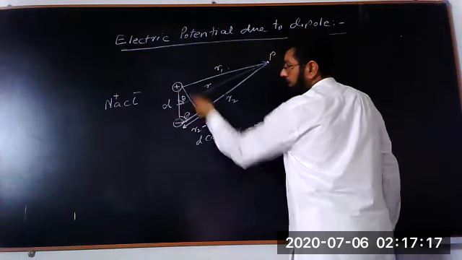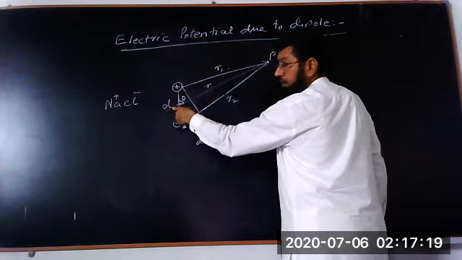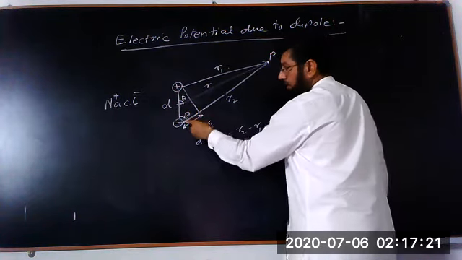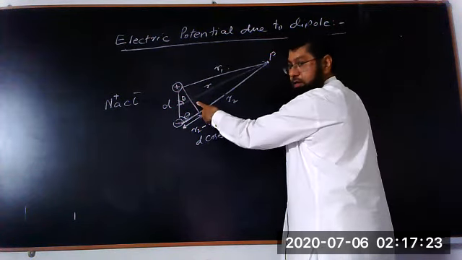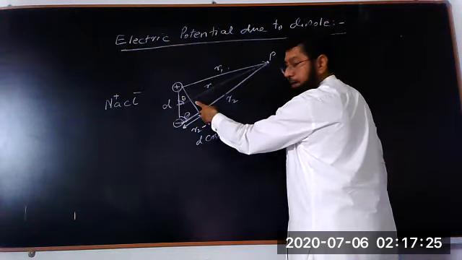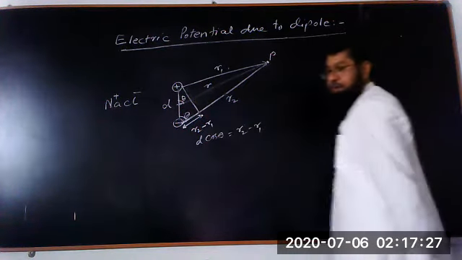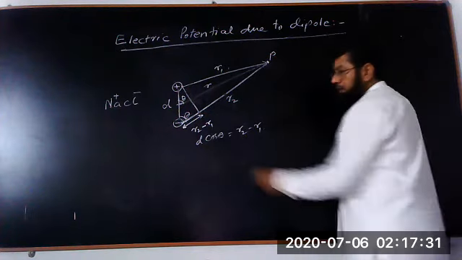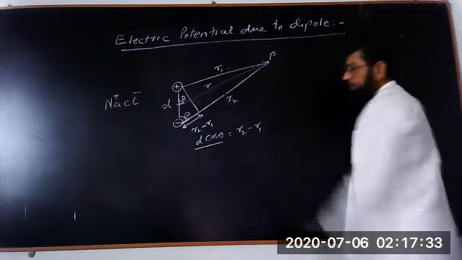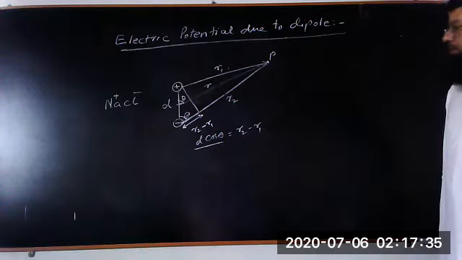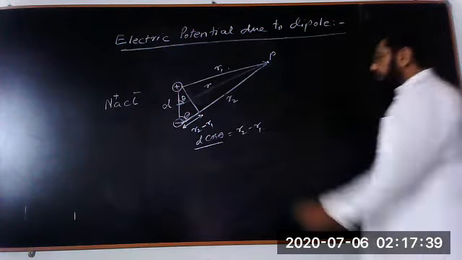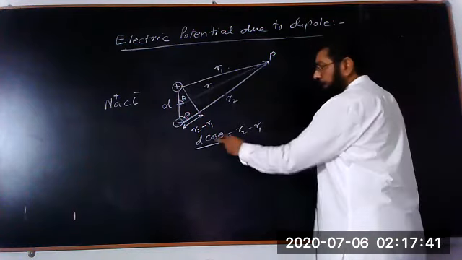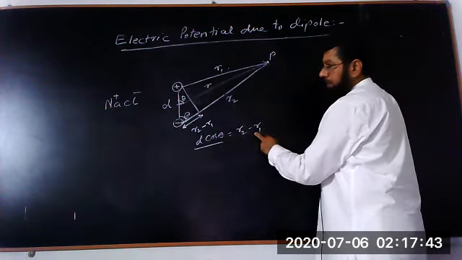This component is d sin theta, the component perpendicular to the angle is the sine component, and the component parallel to the angle is the cos component. So d cos theta is equal to R2 minus R1.